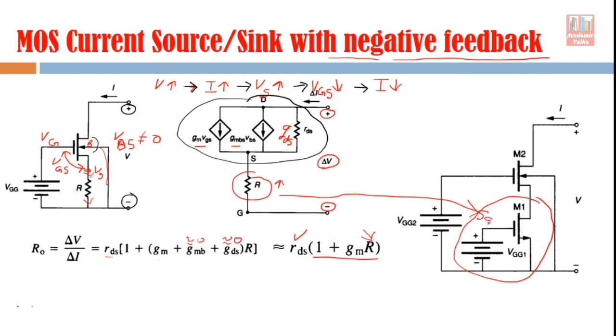In the saturation region this device will offer high resistance, and that high resistance will act as a feedback resistance for this entire current source, right. So the high value of resistance that we wanted here as the feedback resistance is implemented with the help of another current source. So the current source has a feedback resistance, and that feedback resistance is also implemented by a current source. This is a current source.